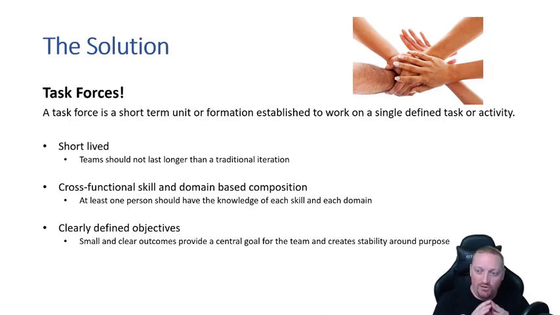But it's very important that there is a clear purpose for the task force's existence. And the only way you can do that is if you clearly define those objectives. You keep very small and clear outcomes that the team needs to achieve at the end. And that's the whole definition of done, if you will, right? Like, how do we know when the task force is done? When all of these objectives are completed, okay?